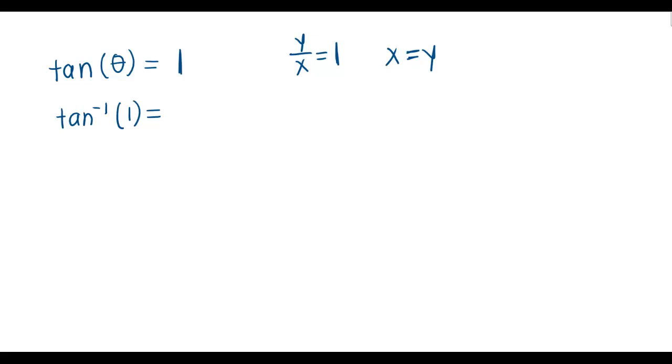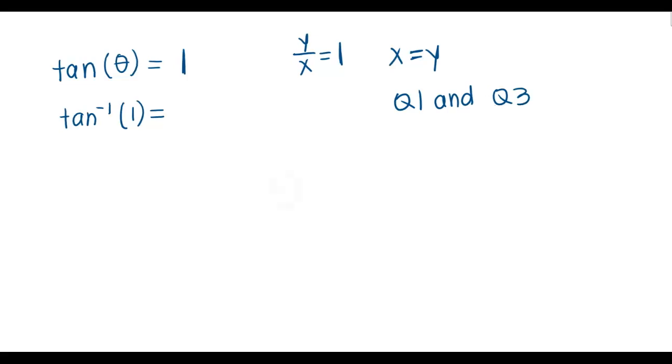More importantly, it's a positive 1. Okay? So if it's a positive 1, in order for our x and our y to have a positive value, then this point also needs to occur in quadrant 1 and quadrant 3.